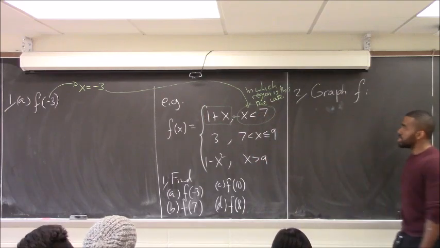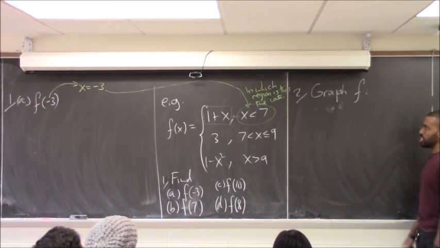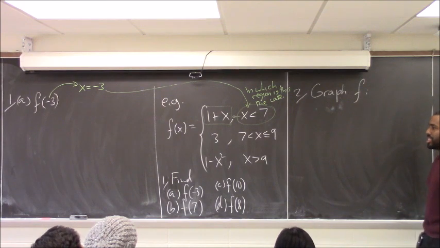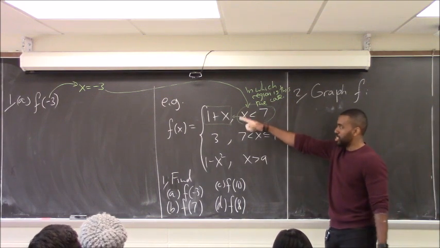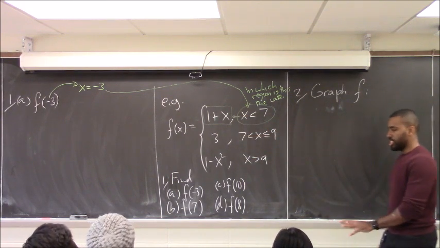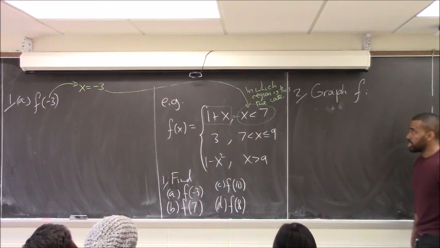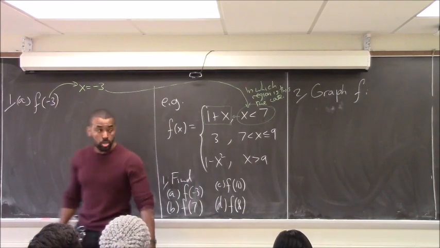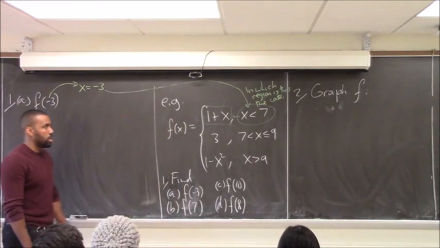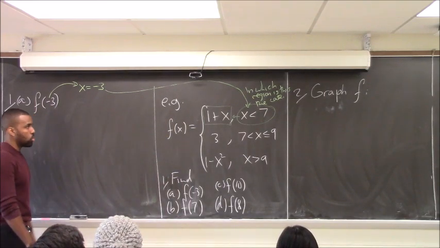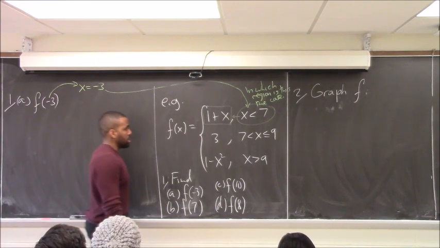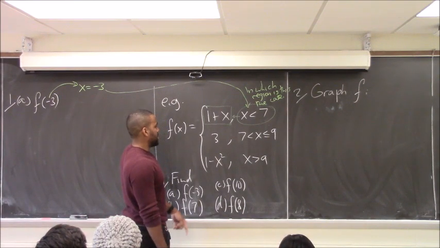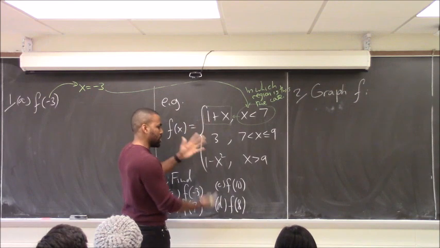I've seen students tell me the output of a piecewise function is several numbers, like they write down a list, as if I plug in minus 3 here or here or there. This is incorrect. Remember our rules for functions. A function is a rule that for each input assigns one output. So you cannot plug it into all of them at the same time. I've also seen people plug it into everything and then add all the numbers together.